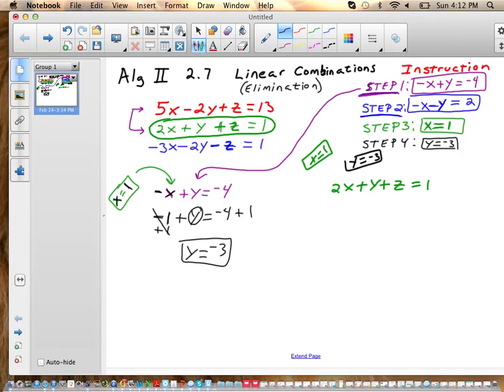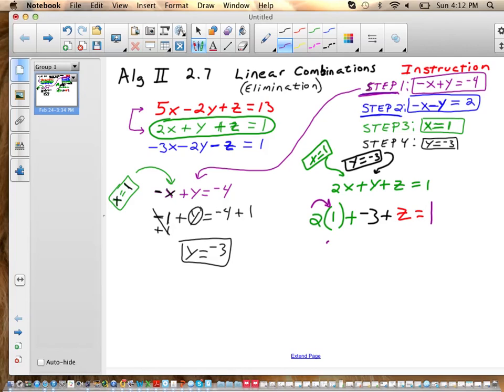So now I'm just going to plug negative 3 in for my y, and 1 in for my x. And then I end up with 2 times 1, because of the x, plus, remember the y, which was negative 3, plus z equals 1.